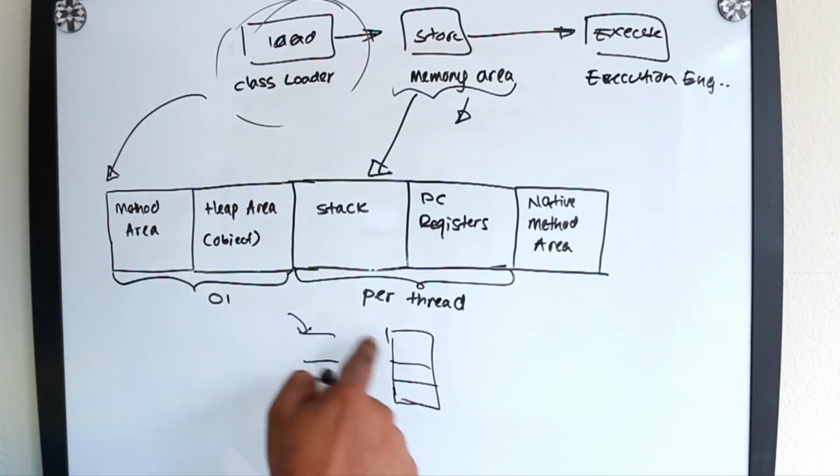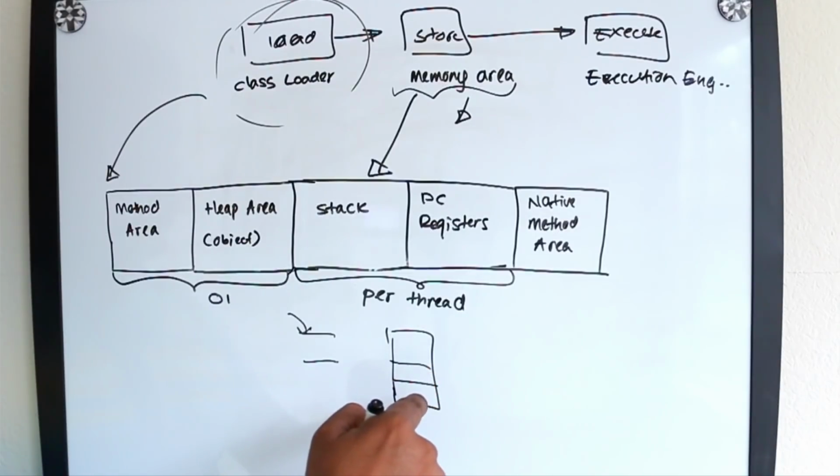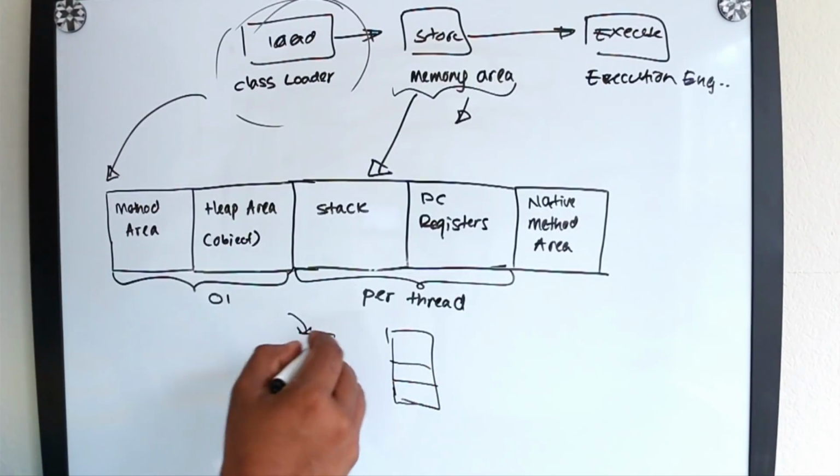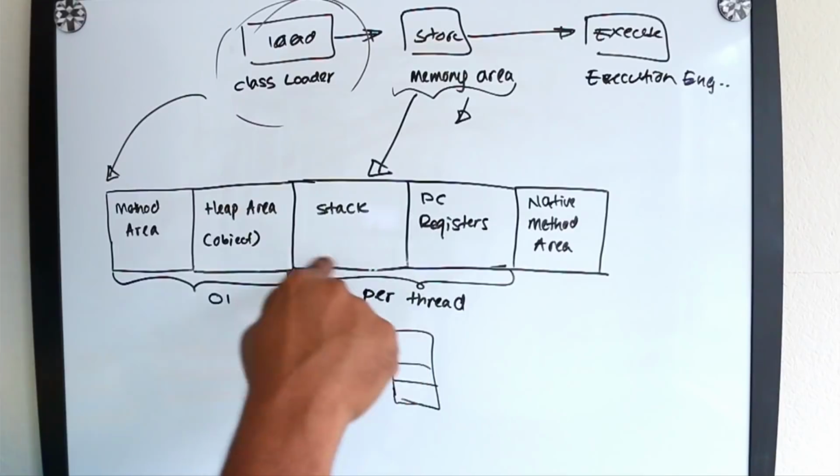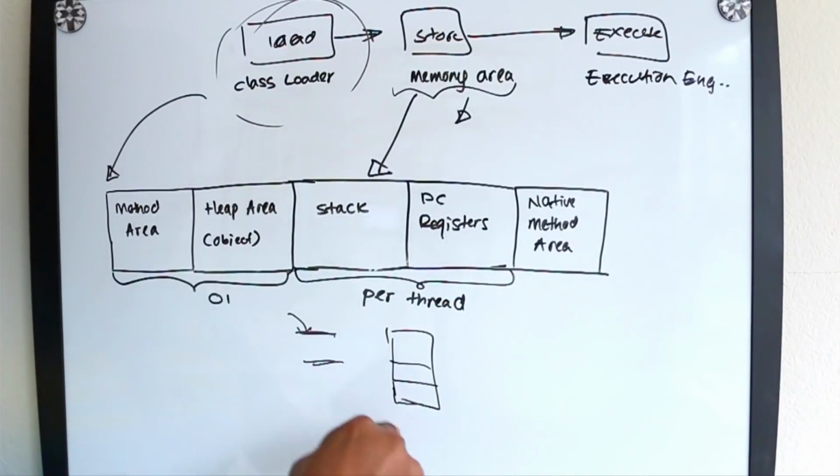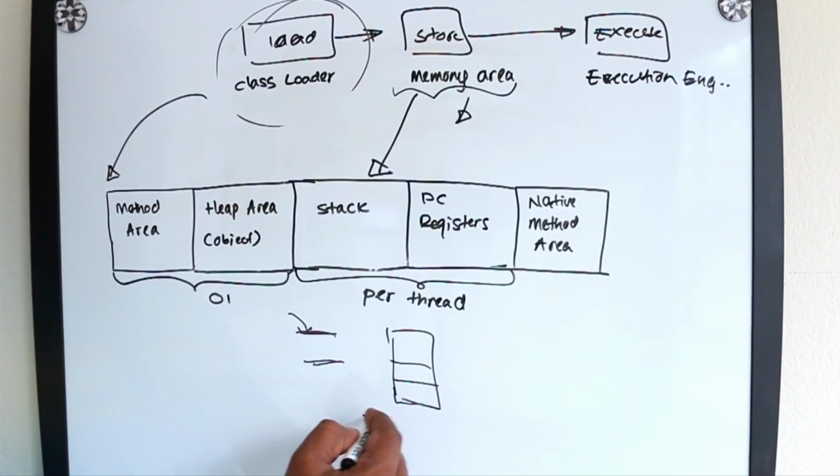Likewise, it will create a frame per thread. You have one stack per thread. It will create a frame whenever it goes inside a method, and whenever it exits from the method, it will pop this frame out.